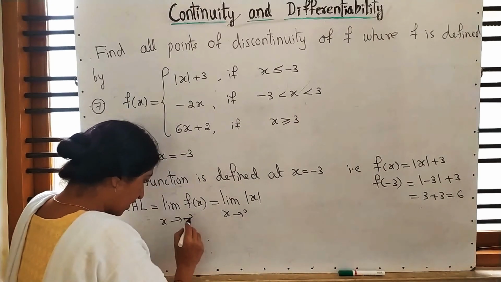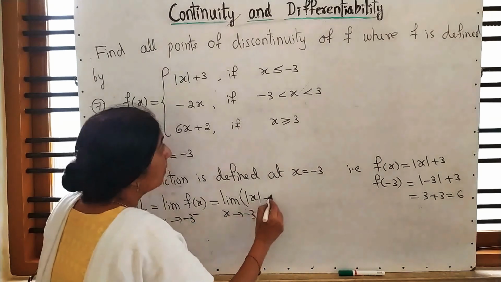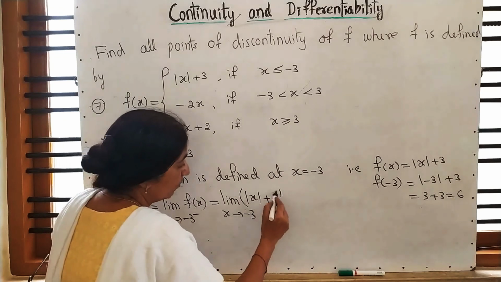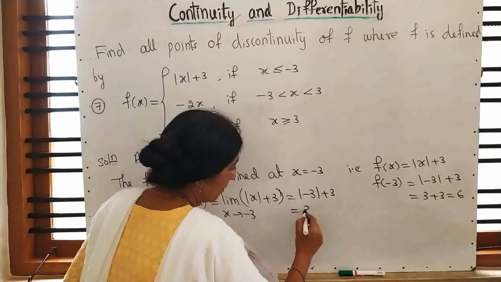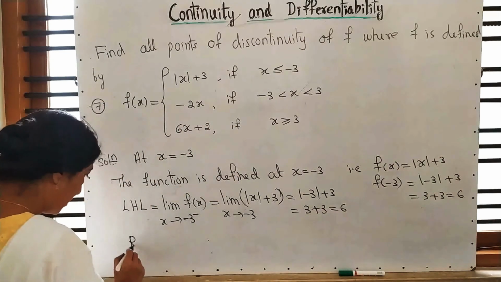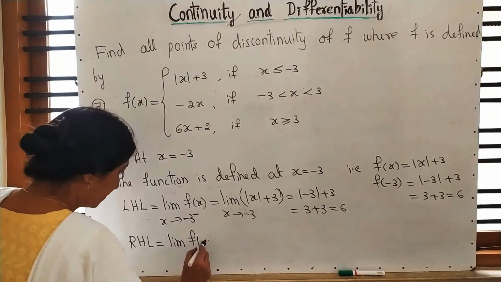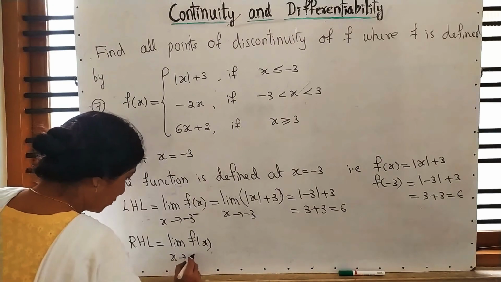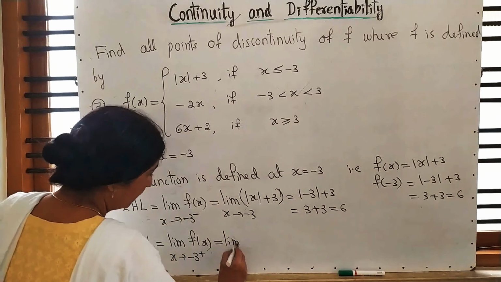So it is minus 3 plus 3. Now wherever x is there, write down minus 3. Mod of minus 3 is 3. That is 6. And RHL, x tends to minus 3 plus.